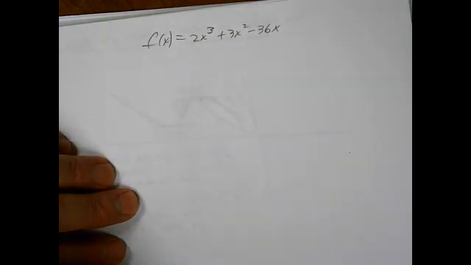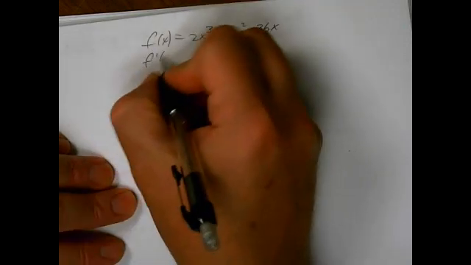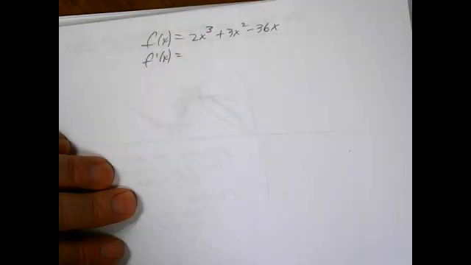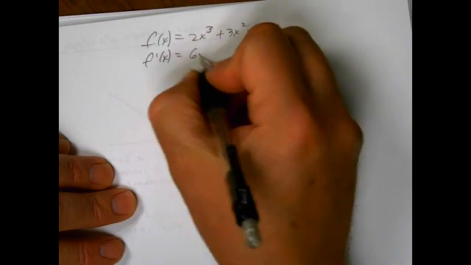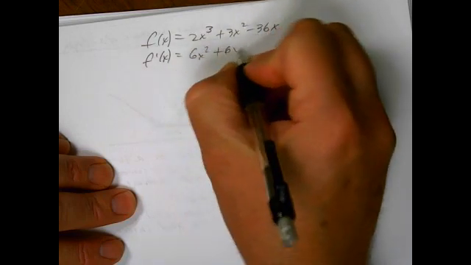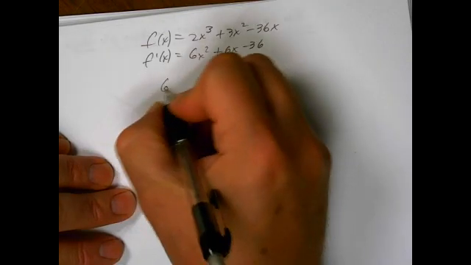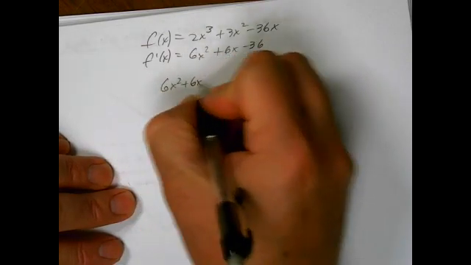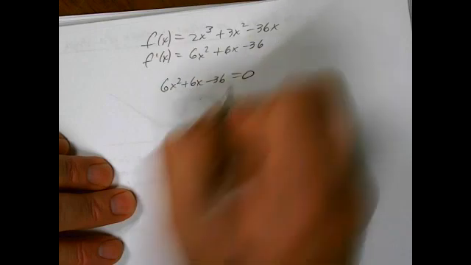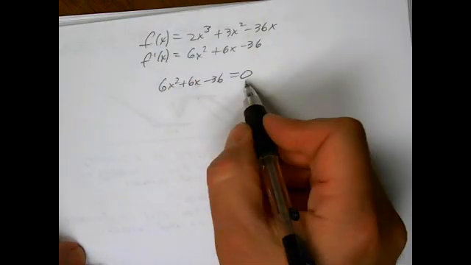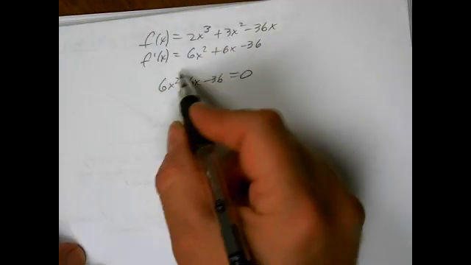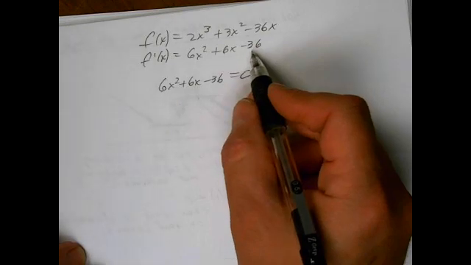The first thing I'm going to do is take the derivative. This is not a difficult one to take. F prime of x is going to be 6x squared plus 6x minus 36. I'm going to take that derivative and either see where it will equal 0 or will be undefined. Well, since the derivative is a quadratic, it's never going to be undefined.